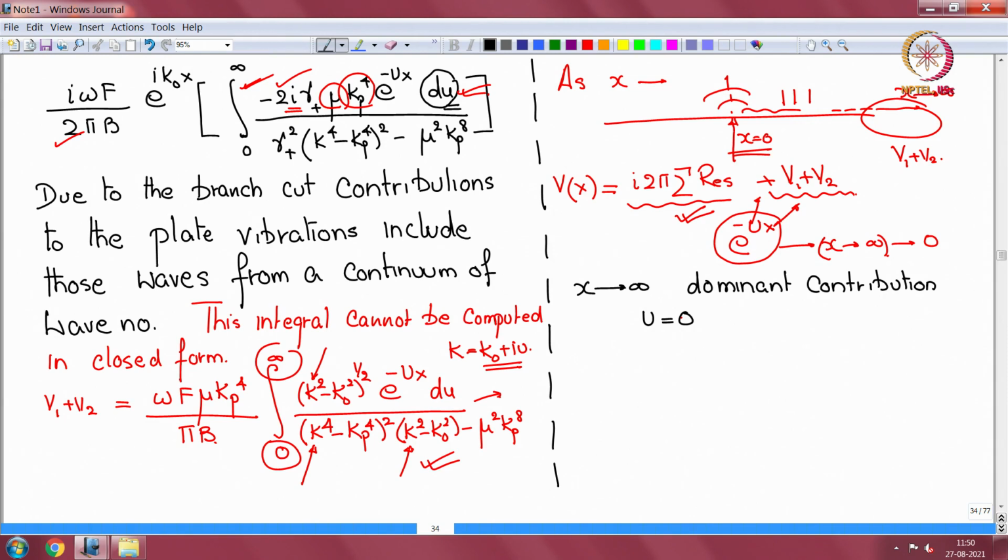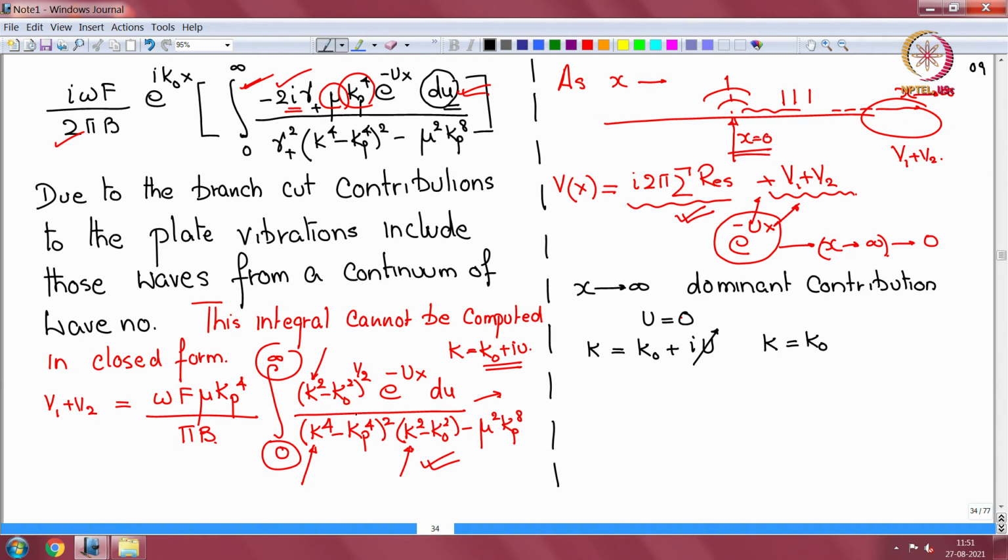I had said my k is equal to k0 plus iu, so if u happens to be equal to 0, my k should be equal to k0.